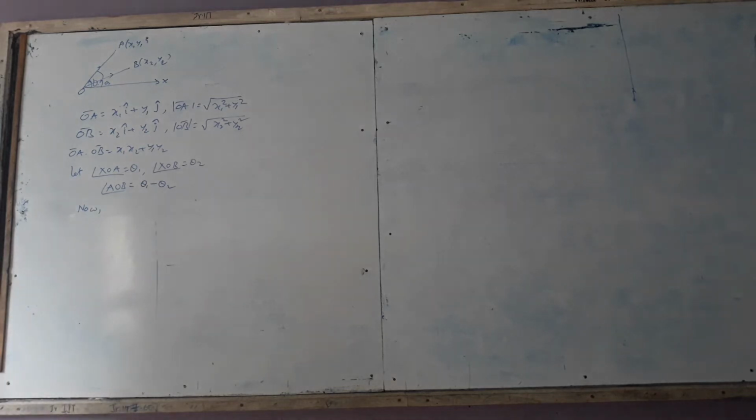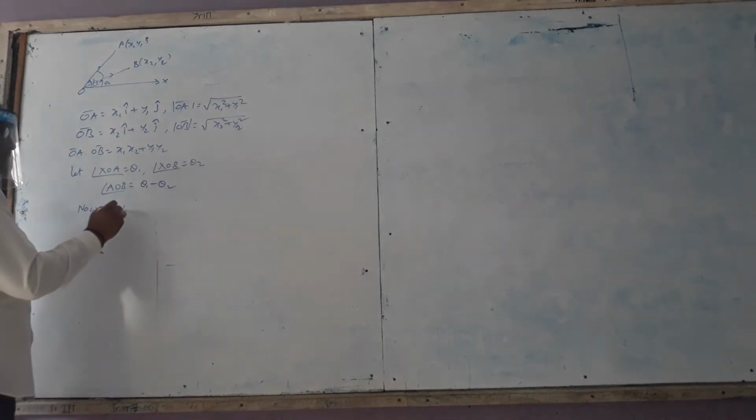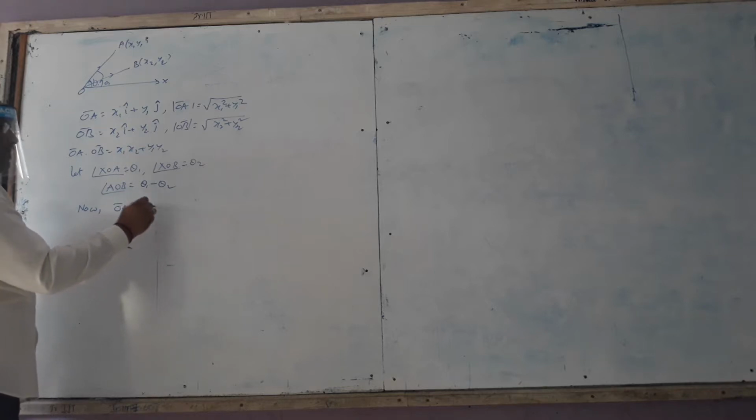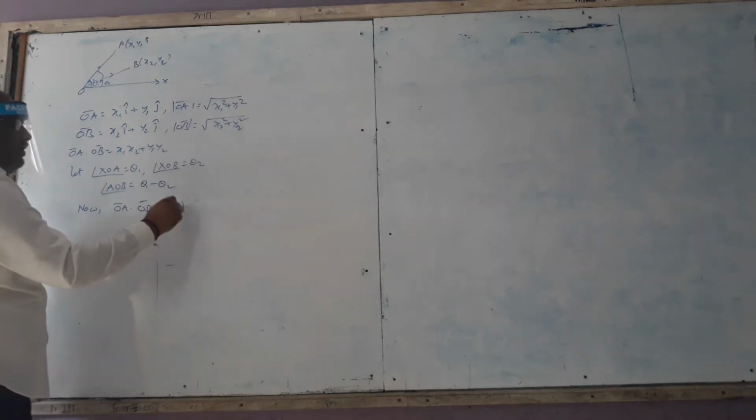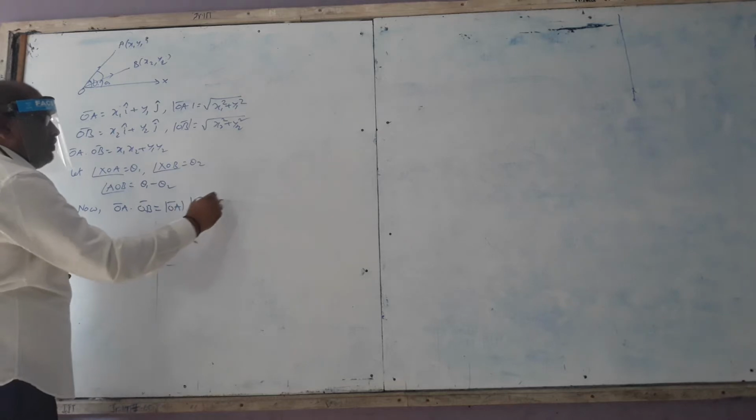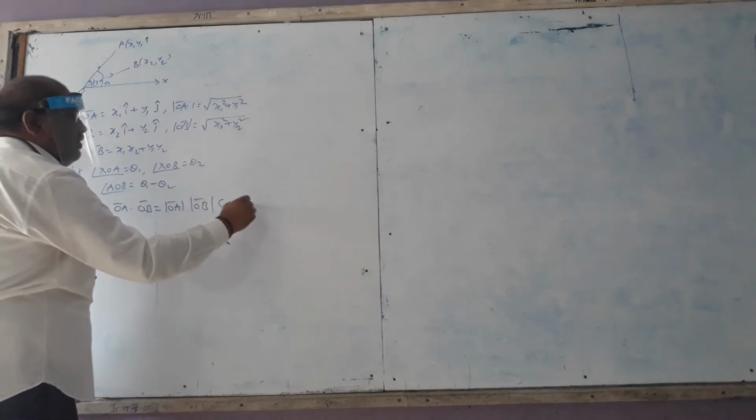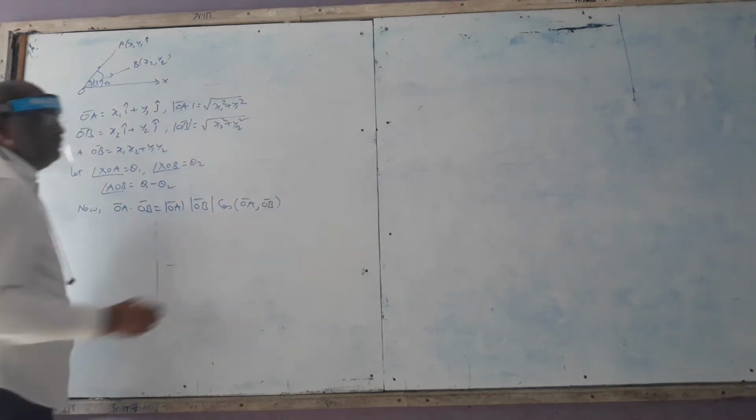Now, the dot product is also defined as OA bar dot OB bar equal to mod OA bar into mod OB bar into cosine of the angle between OA bar and OB bar.